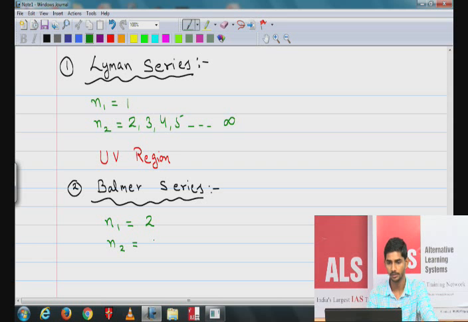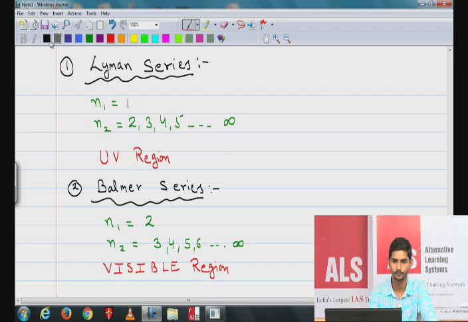For the transition, it should be greater than 2, so it can have value 3, 4, 5, 6, up to infinity, anything. And guys, remember, this belongs to the visible region.